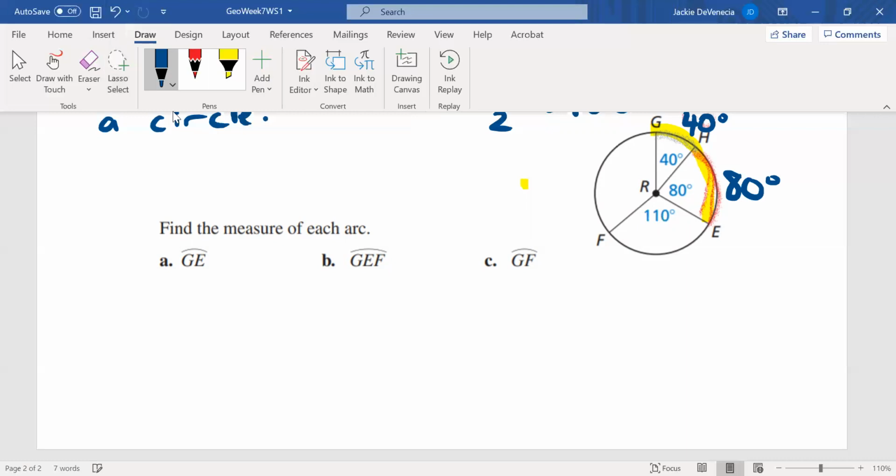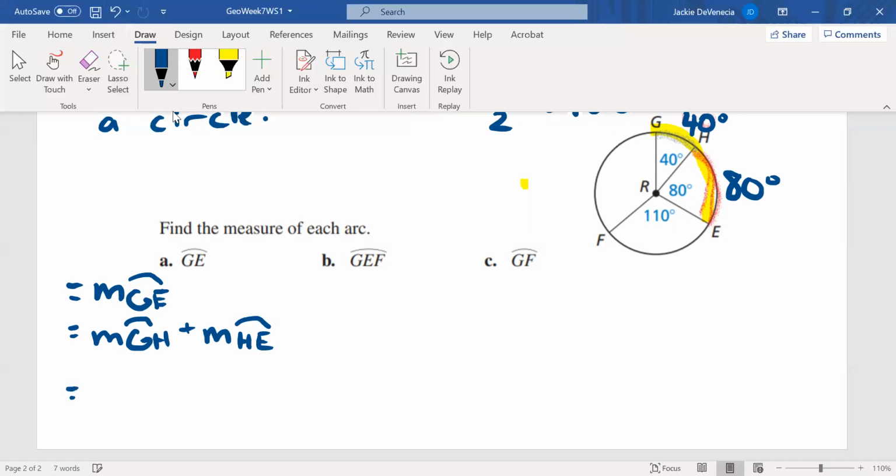And if I was going to find this one, the measure of GE is equal to the measure of GH plus the measure of HE.